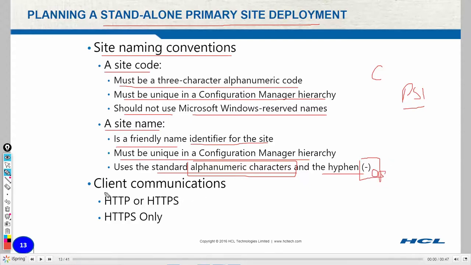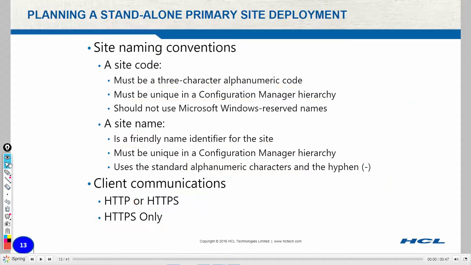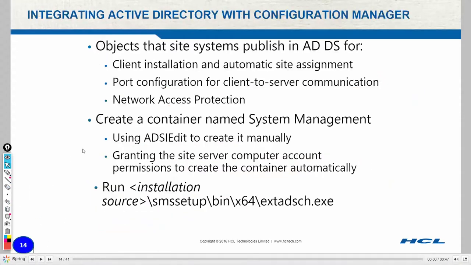You can use it. For client communications, you can communicate on HTTP or HTTPS, or HTTPS only. You can't simply communicate on HTTP. Either you require a combination of these or you require only HTTPS. Then objects that the site system publishes in ADDS.